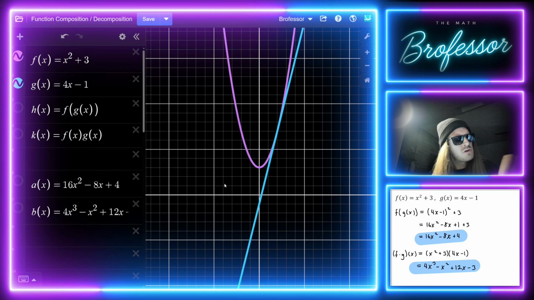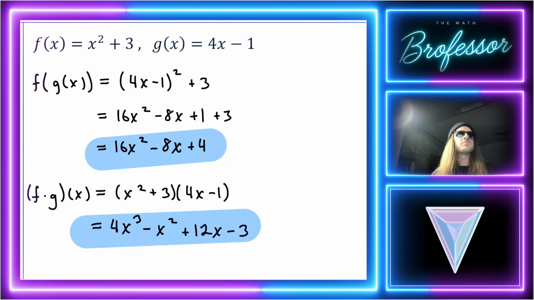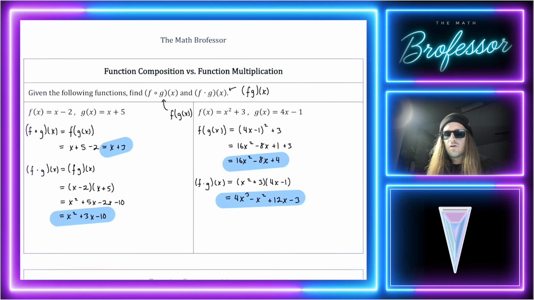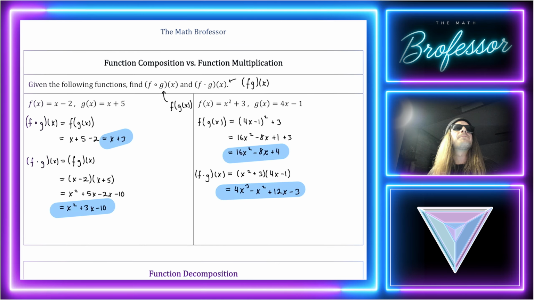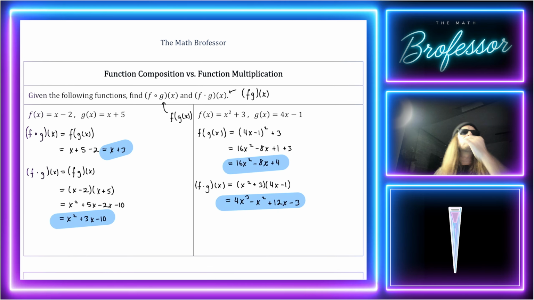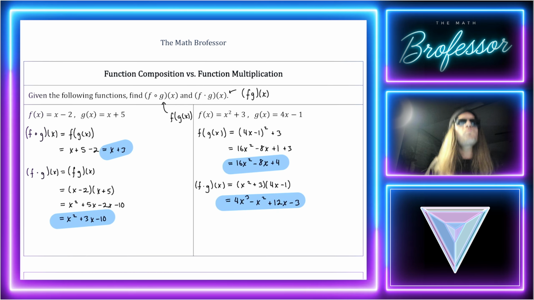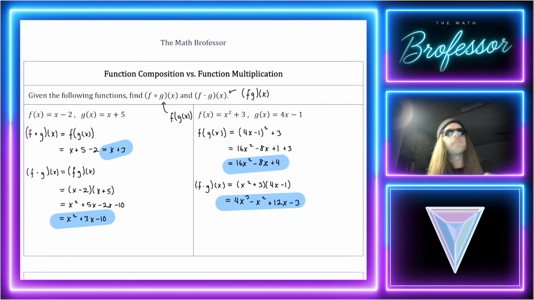I mean, don't quote me, I'm not 100% sure, but it seems like composing will not increase the degree. I don't know. I should try to write a problem and see if that's possible. But anyways, those are those. Composition versus multiplication. So don't mix those up.